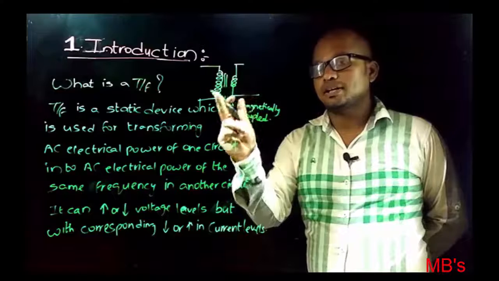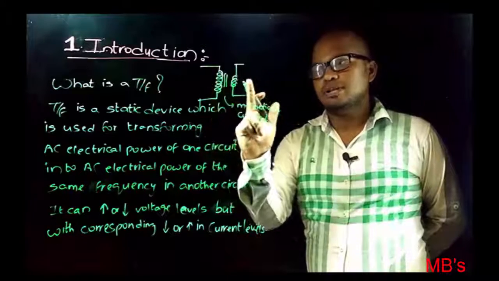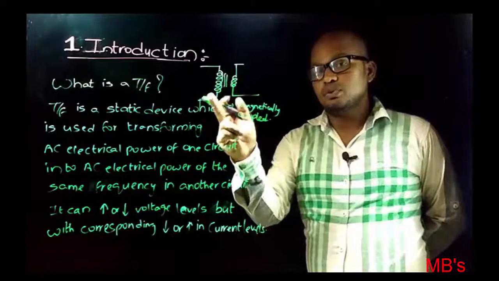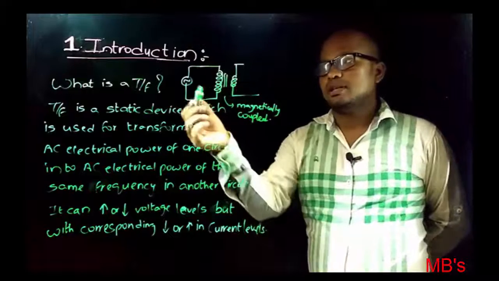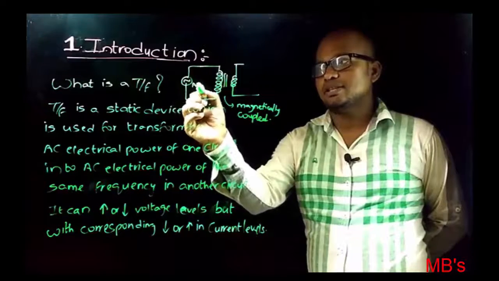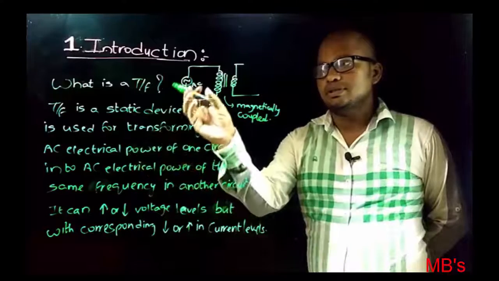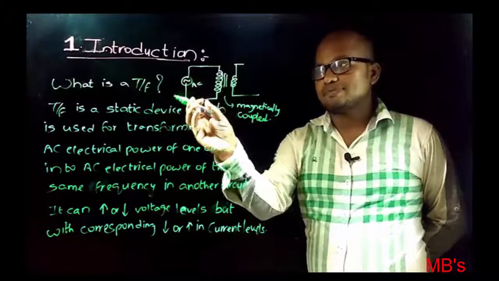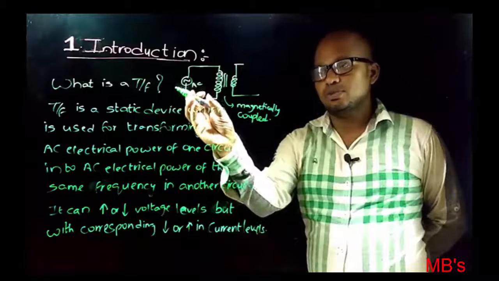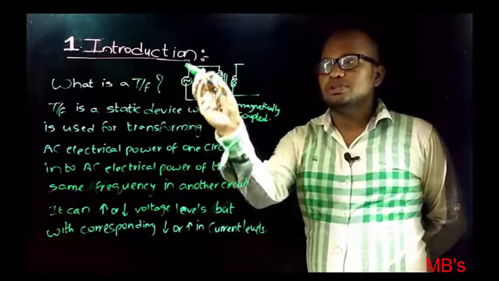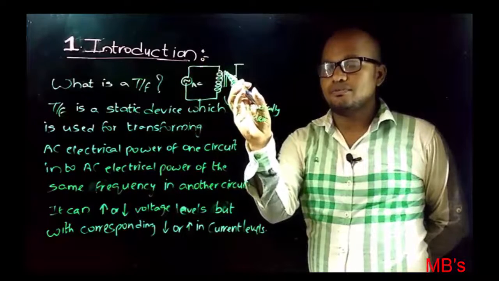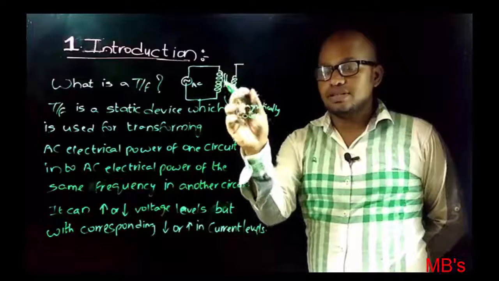There is no electrical connection between this circuit and this circuit, but these two are magnetically coupled. Let us suppose this is the AC electrical energy input given to this circuit. Now according to this statement, transformer will transform this AC electrical energy input of this circuit into AC electrical energy of the same frequency in the another circuit.